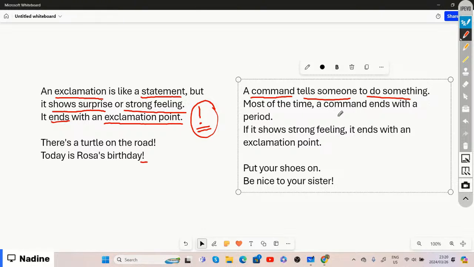And most of the time, a command ends with a period, which is a dot. But if it shows strong feeling, then it ends with an exclamation point. So we say that a command tells someone to do something. So even if your parent tells you to go and watch TV, right? Go and watch television, go and watch TV. That is basically a command.